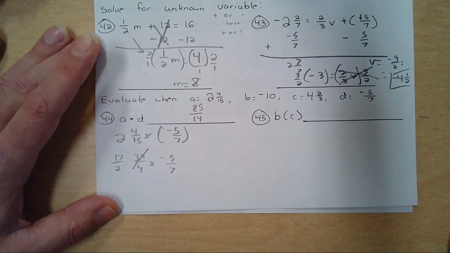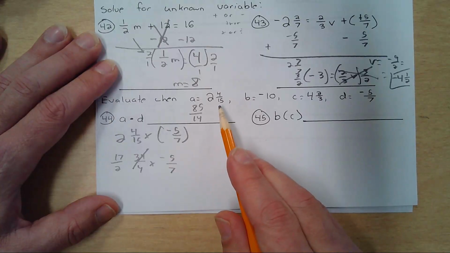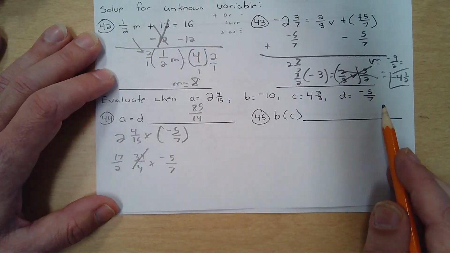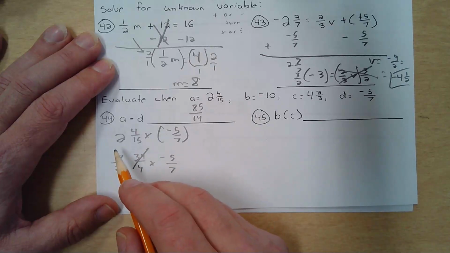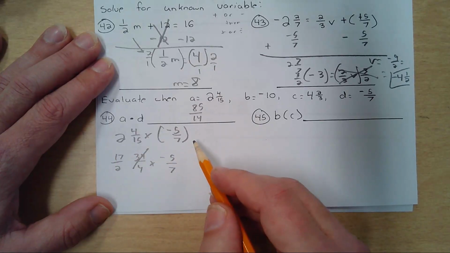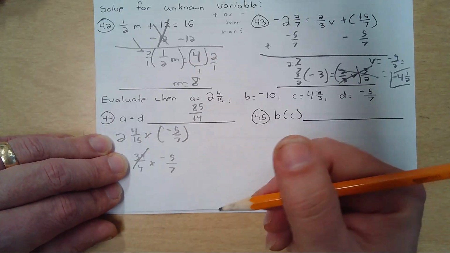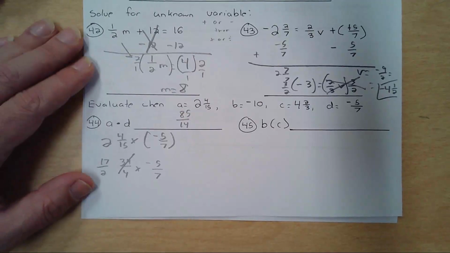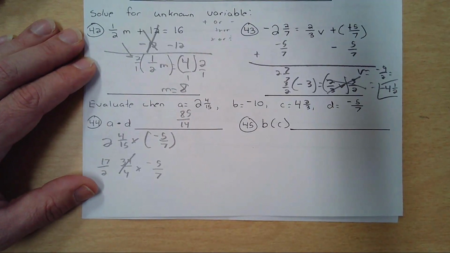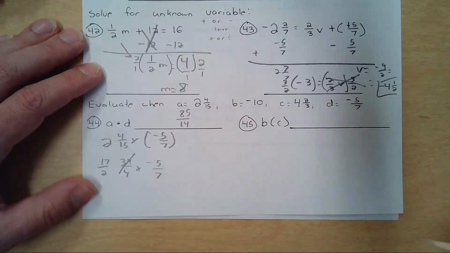That doesn't seem right. What did I do wrong? Yeah, that doesn't make any sense. 34. How come it's going wrong? Shouldn't be that big.